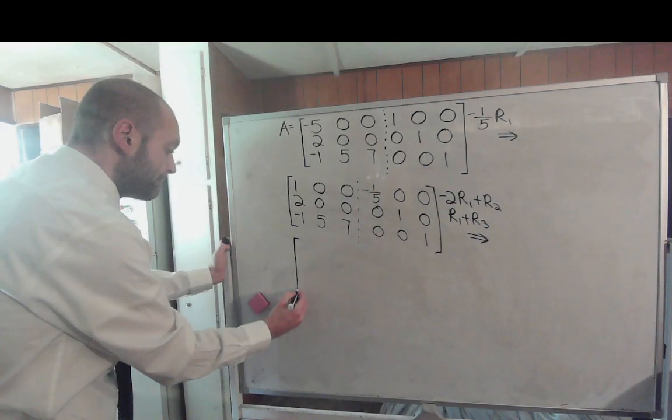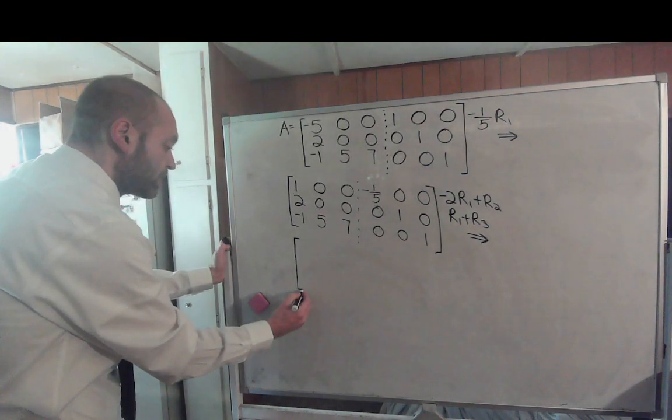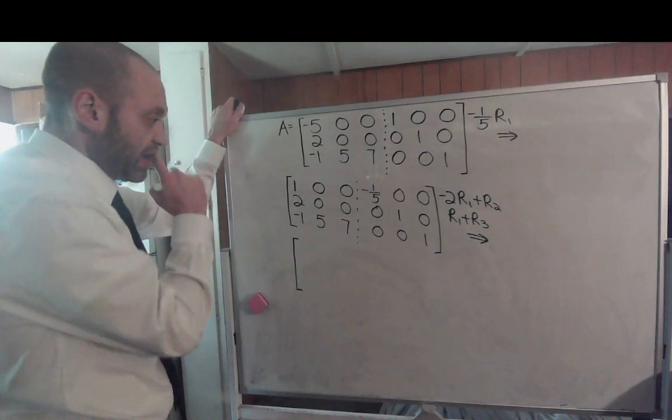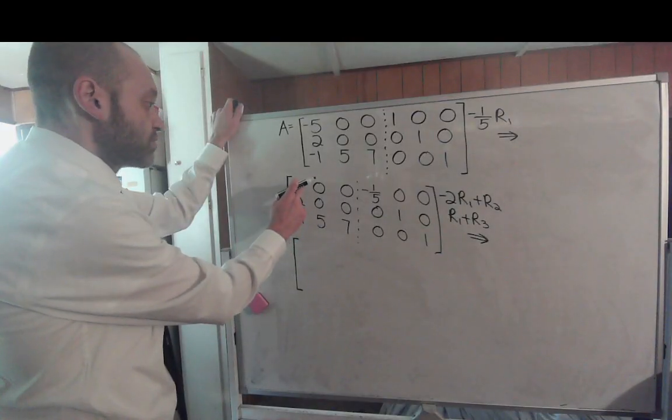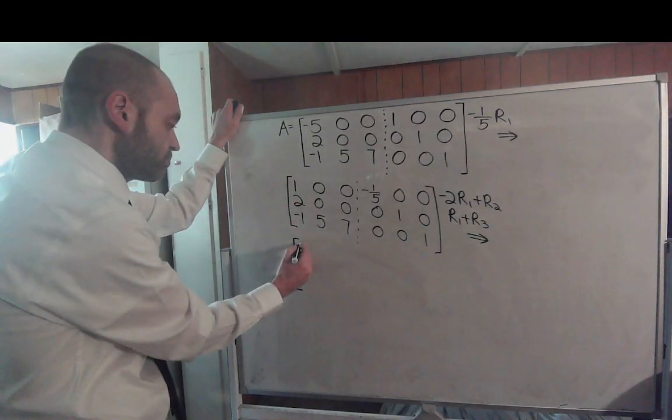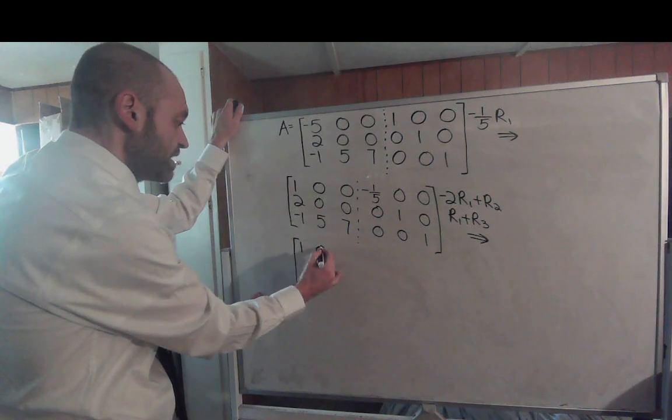So what we're going to do here is we're going to take negative 2 times row 1, so negative 2 plus 2, well, let me write out the first row first, that might help, right?